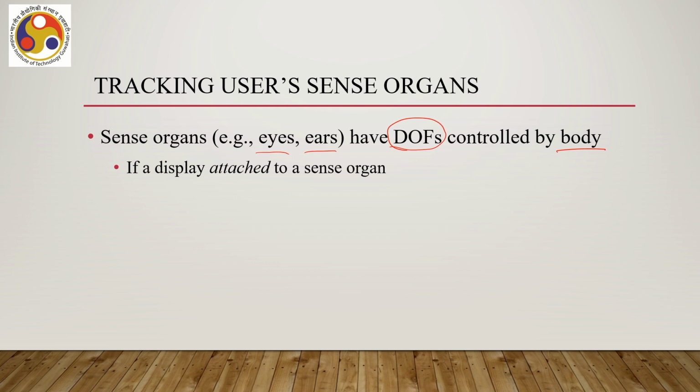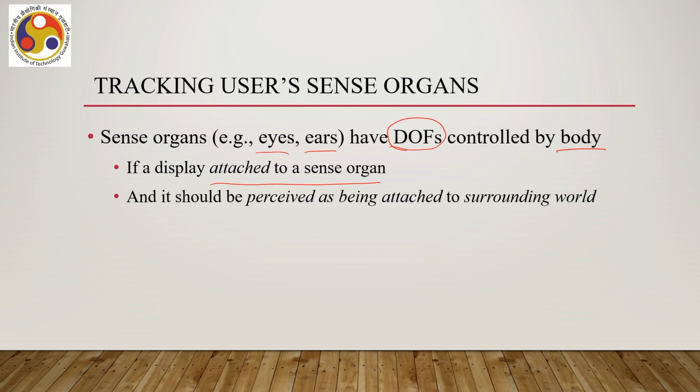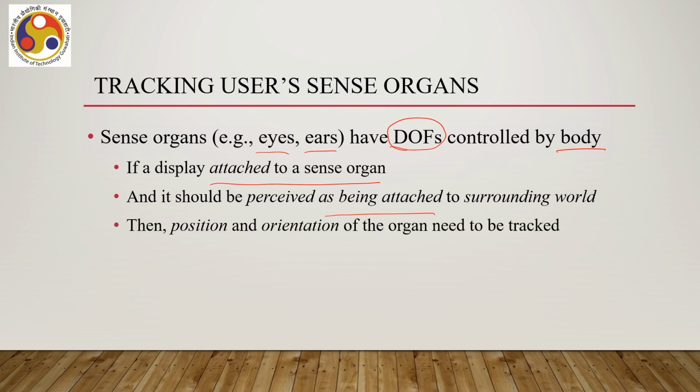If a display is attached to a sense organ and we need to perceive that as being attached to the surrounding world, so that it changes with change in our positioning of the sense organ, then this position and orientation of the organ need to be tracked, so that the corresponding changes can be reflected in the virtual world or in the user experience.